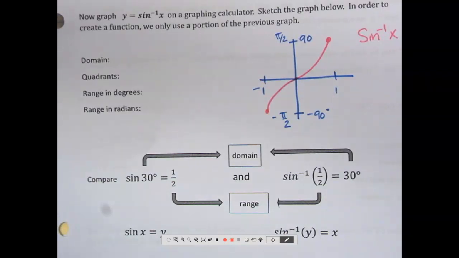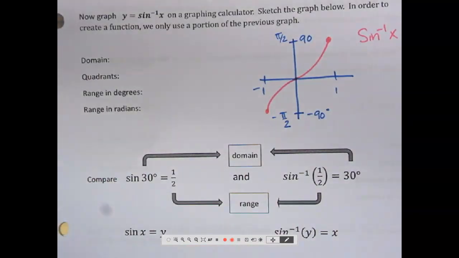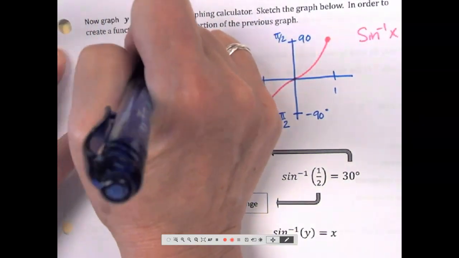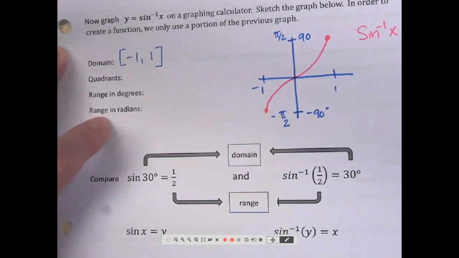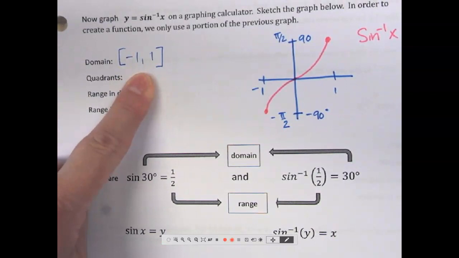Okay. Looking at just this graph right here, what is the domain? What does x go from and to? -1 to 1. And I do have points at those, so I'll use a square bracket. Remember with this interval notation, you always start with the small number, comma, the big number.